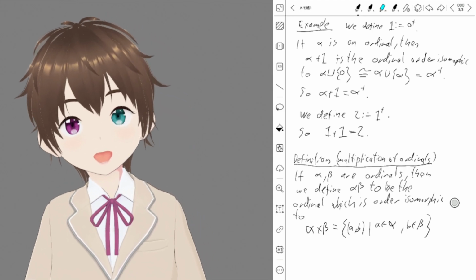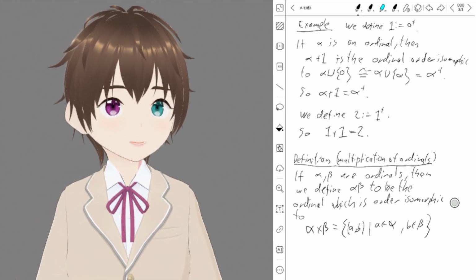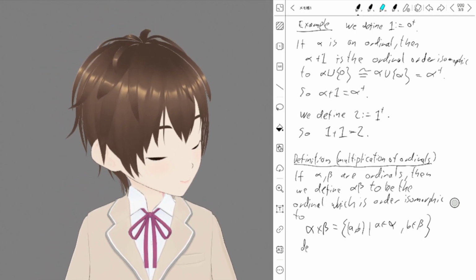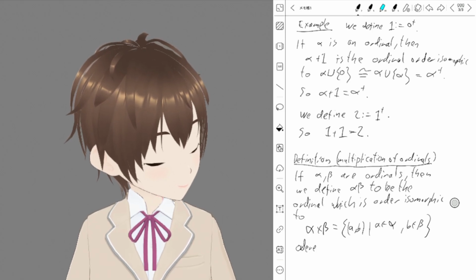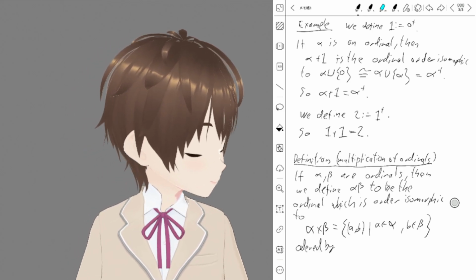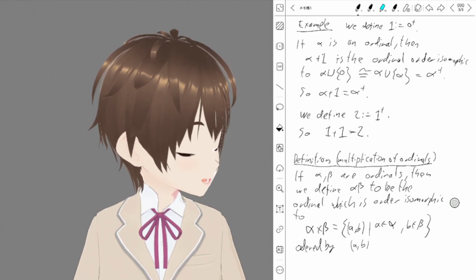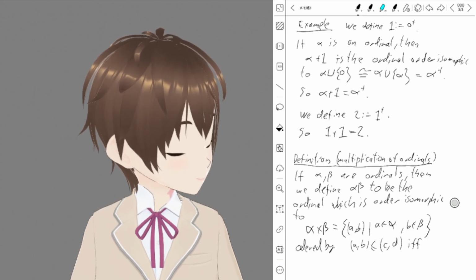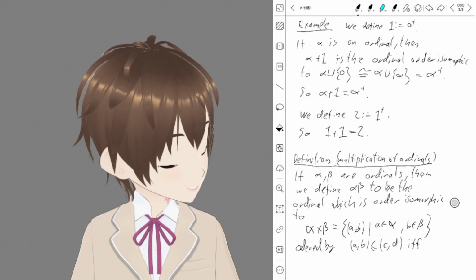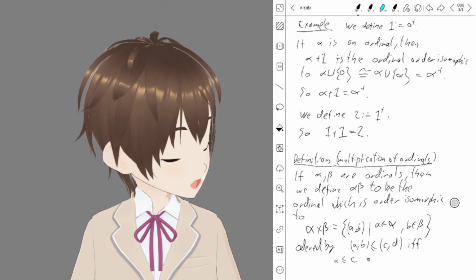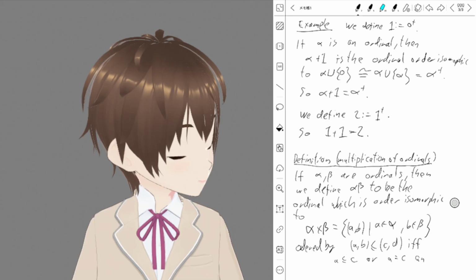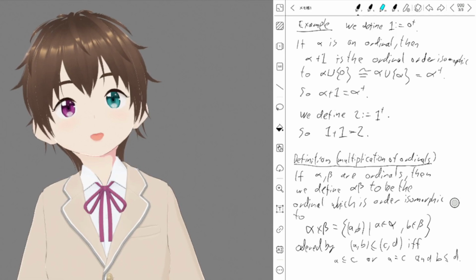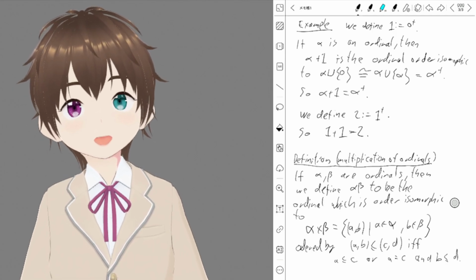And we order this by saying we care about the first coordinate more. So this is lexicographic ordering: A, B is less than or equal to C, D if and only if A is less than or equal to C, or A equals C and B is less than or equal to D. You might be tempted to say, just make it bigger if they're bigger in both coordinates.